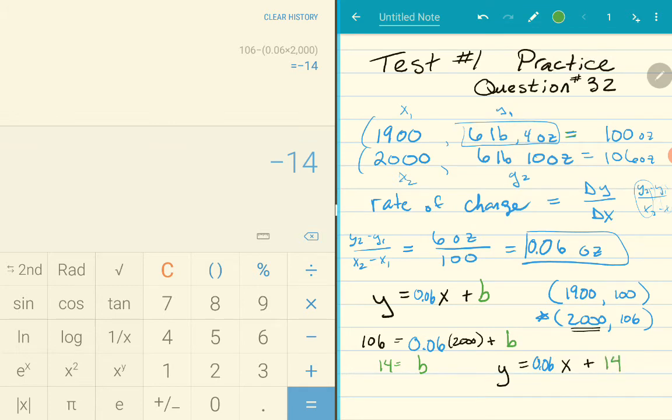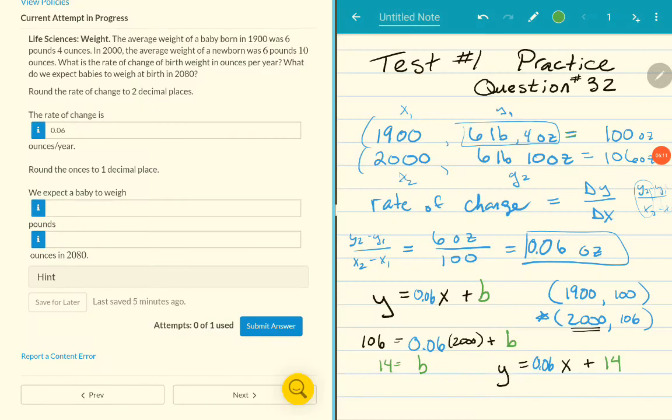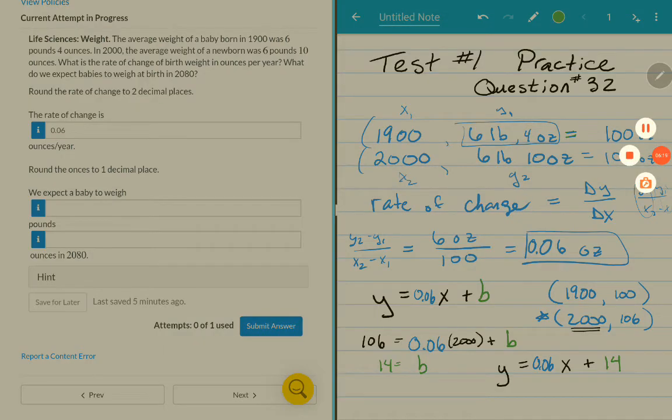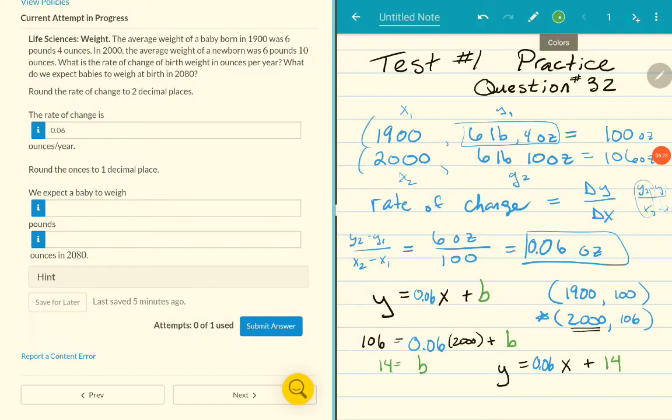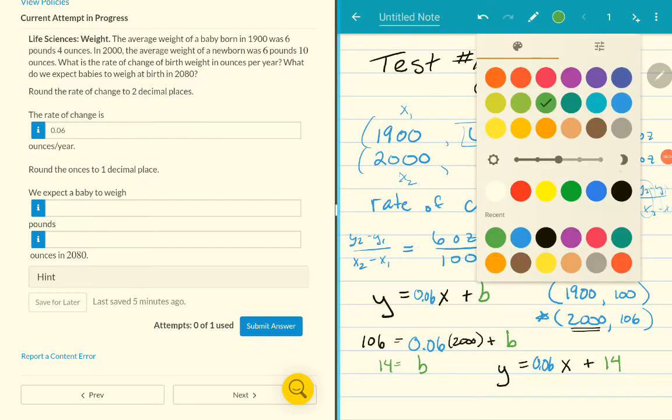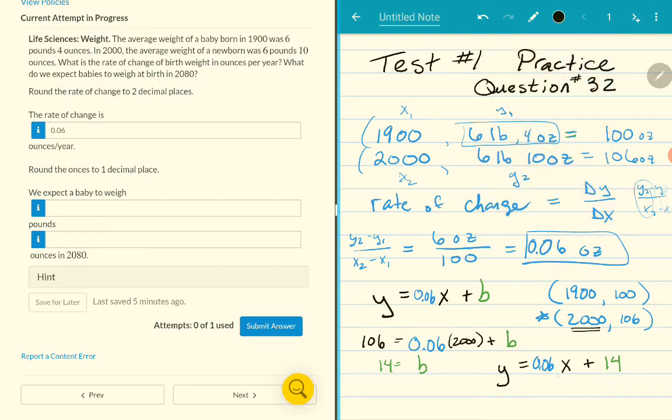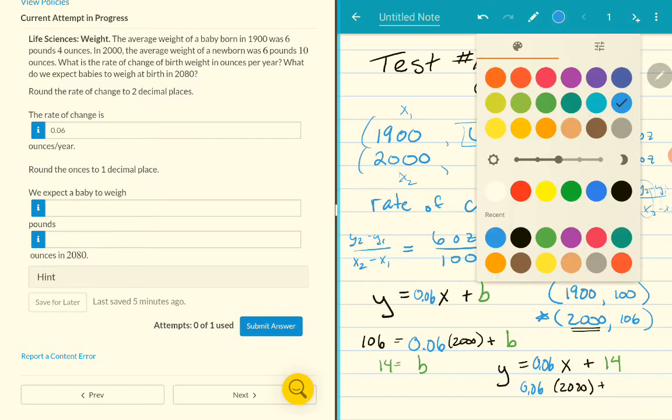Then I can find the answer to my question about the expected baby weight in 2080. So I'm going to plug in the x of 2080 and then multiply that by the slope of 0.06 and add the 14.